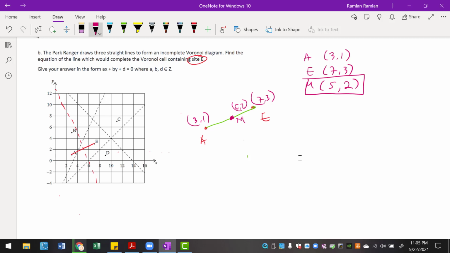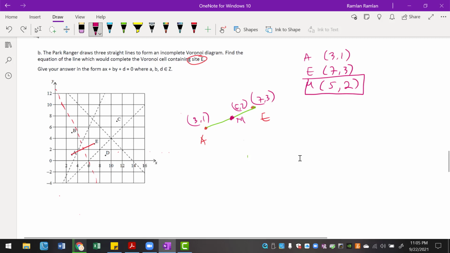Remember, guys, when I said before that to construct a line equation, we need at least 2 points that pass through the line, or a gradient and 1 point that passes through the line. So we have this point M as a point through which the line will pass.